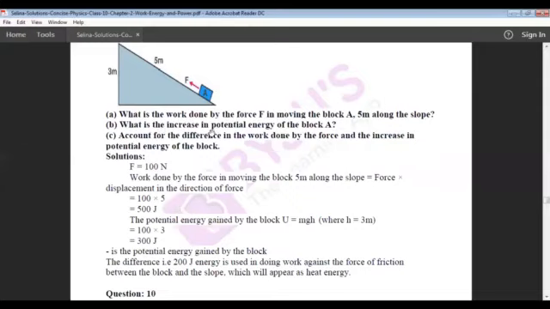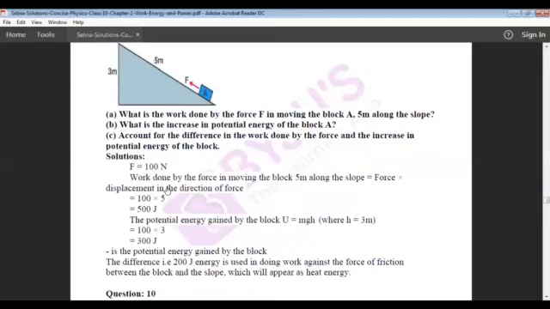What is the increase in the potential energy of block A? Initially, it was at height 0. So how much has the height increased? The height has increased by 3 meter. In this figure you can see the increase in the height will be 3 meter.